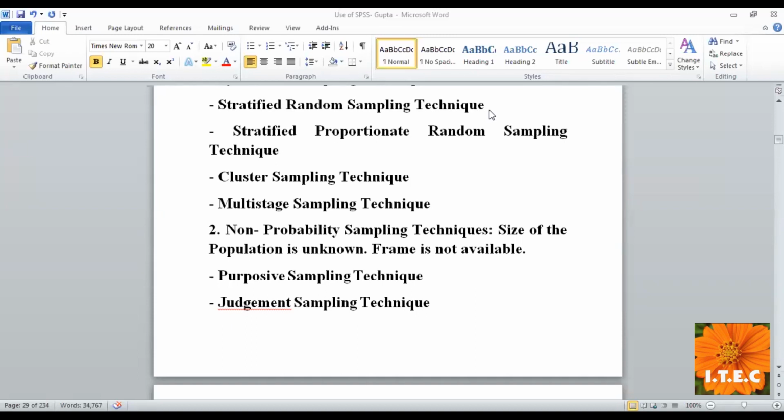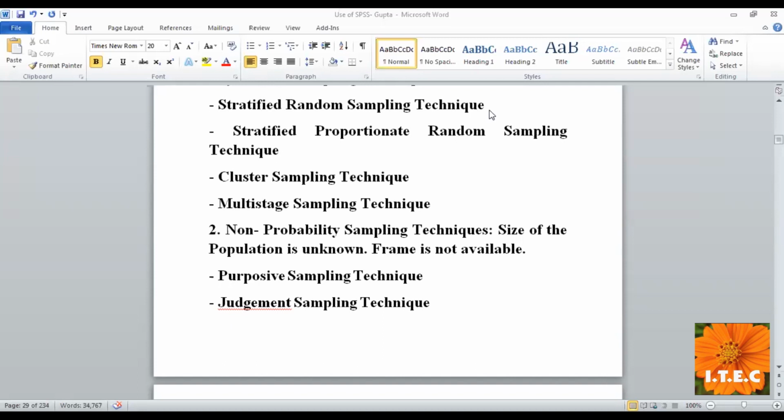You have to use the non-probability sampling technique. So in social sciences, there are situations where the non-probability sampling technique will be the most appropriate rather than the probability sampling technique.